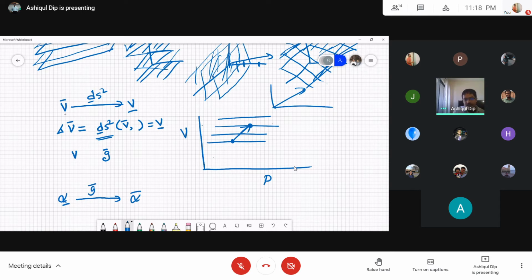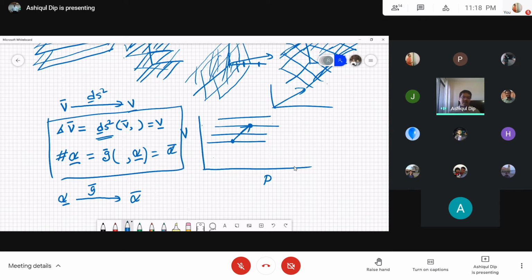It's written as sharp of alpha. If you sharp a one form, you take G upper bar, which is basically the inverse of the metric tensor, leave one slot empty, and in the other slot supply alpha, and then you'll get alpha upper bar. We'll talk about this later.